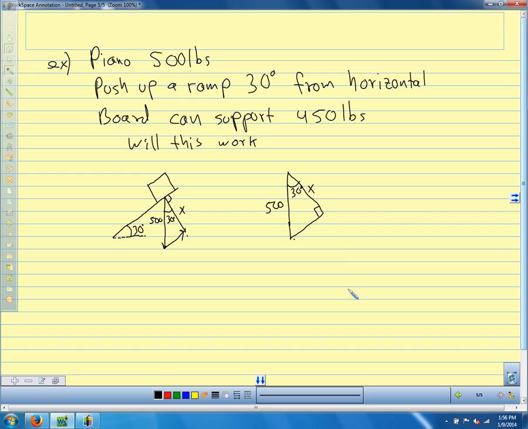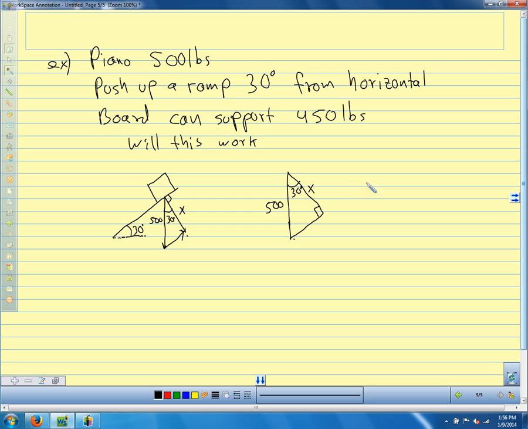How are we going to find x here? Which sides of this right triangle do we have relative to this angle? The adjacent and the hypotenuse. So we're going to use cosine, SOHCAHTOA, adjacent over hypotenuse.